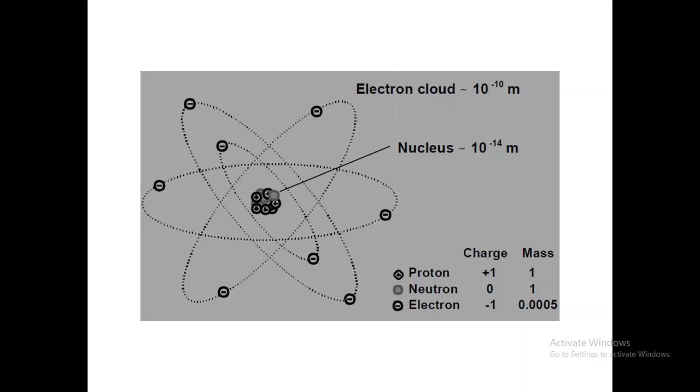Since atoms combine with one another to form molecules through the interaction of their electrons, it is the arrangement of the atomic electrons which determines the chemistry of the atom. All atoms with the same Z therefore belong to the same element because they behave the same chemically.